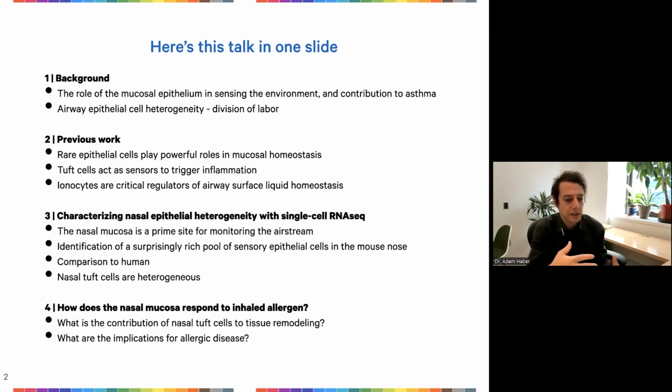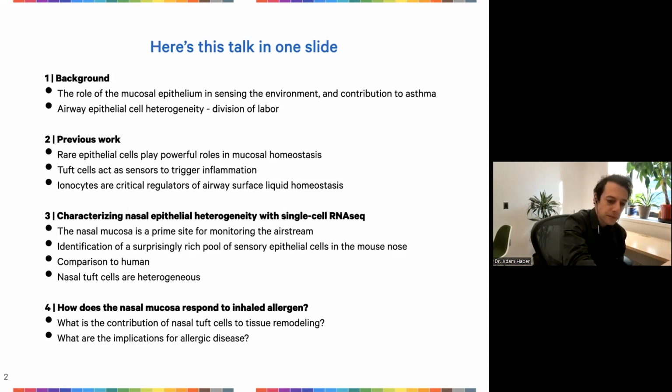In the second part of the talk, I'll talk about some unpublished data from my group in collaboration with Laura Bankova's lab at Brigham and Women's Hospital, using single-cell sequencing to characterize heterogeneity of epithelial cells, particularly in the nasal mucosa. So I'll try to convince you that if you wanted to have a prime site for monitoring everything coming into the lungs, the nose would be a good such site. And I'll show that our analysis identified that there's surprisingly many of these epithelial subtypes which are rare elsewhere in the lungs, but in the nose, in the mouse nose at least, relatively common.